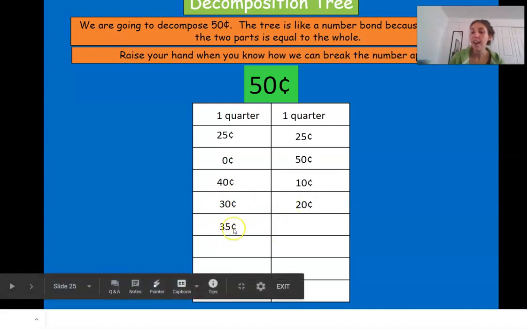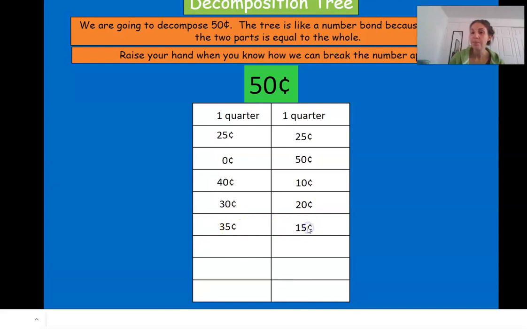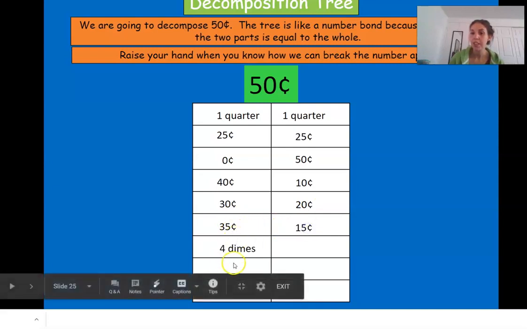If we start at 35, how many more do we need? 15. What if we have 4 dimes? 4 dimes. How many more dimes do we need to get to 50? 1 dime. 49 pennies. How much more would we need? 1 penny.